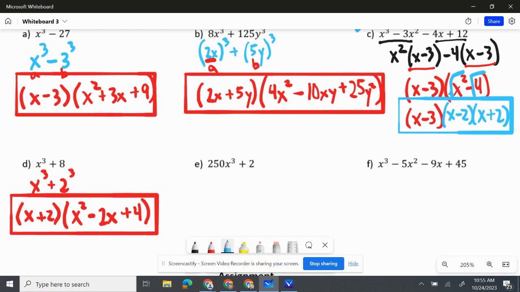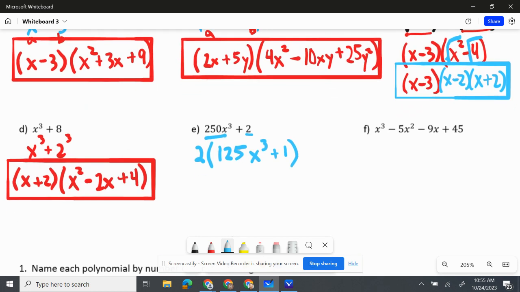Now, letter E is a difficult one because we don't see cubes, but what we notice is that they both have a 2 in common. So we factor out a 2, and that gives us 125x cubed plus 1. Then I'm going to write it as cubes. So that would be 2, and that would be 5x cubed, and that would be 1 cubed.